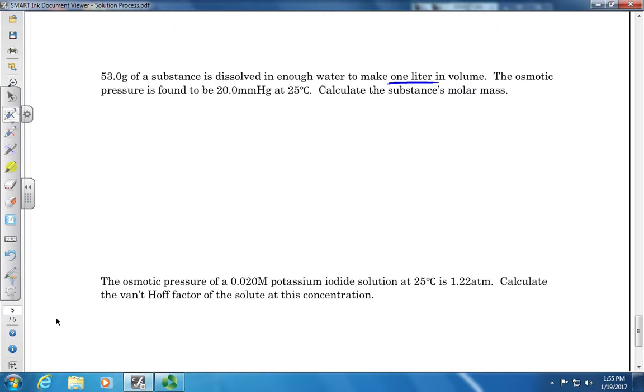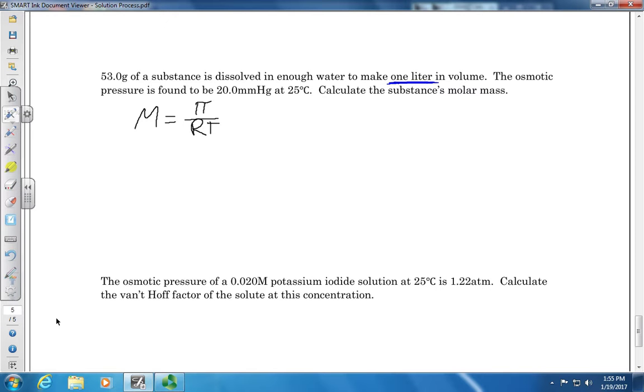So we know the calculation for osmotic pressure is pi is equal to MRT, and we know that molarity is equal to pi over RT. So now we just need to find out, can we do it with just the information we're given?